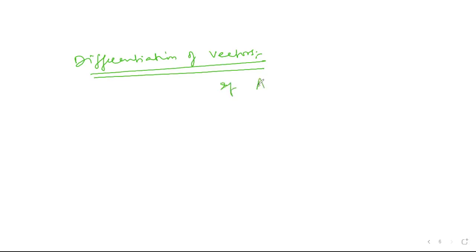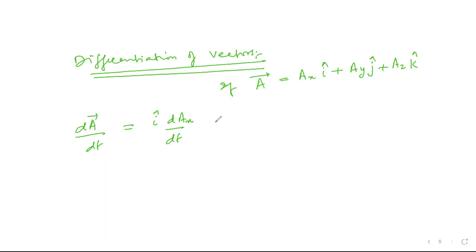Now, if we have a vector A in unit vector notation like this, ax i cap, ay j cap plus az k cap, where we know i cap, j cap, k cap are fixed unit vectors, ax, ay, az are functions of time, then we define the derivative dA by dt by the equation. dA by dt is written as i cap d by dt of ax plus j cap d by dt of ay plus k cap d by dt of az.